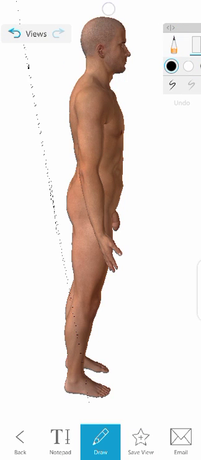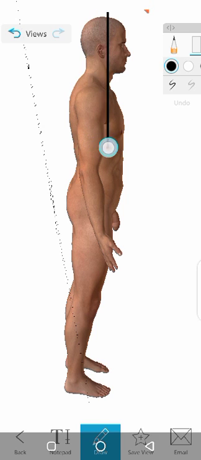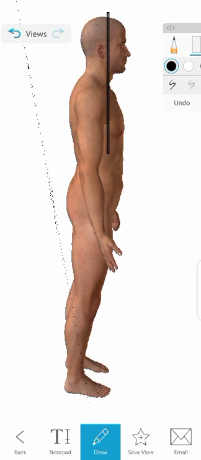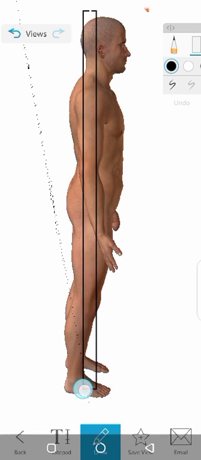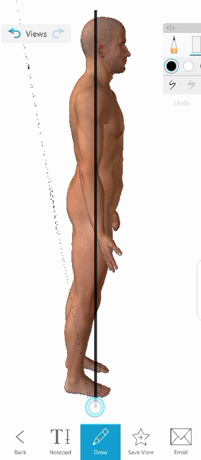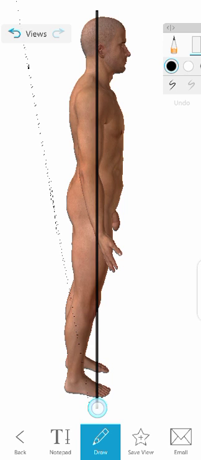The third plane is along this line. I still didn't get it right, but I think it paints the picture right. So that's along this line. It divides the body into the front and back, so it's called the frontal plane, and in other words it can also be called the coronal plane.